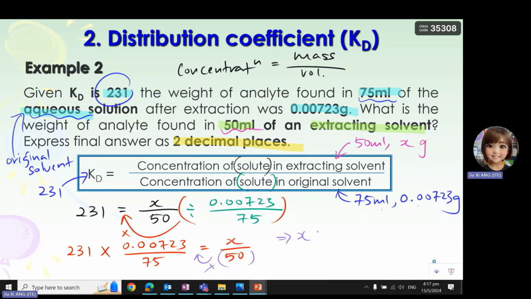You can rewrite as x is actually equals to 231 times 0.00723 over 75. Then the 50 is divided, bring over times another 50. Yeah, so keep this value in your calculator. You should get your final answer as 1.1134 gram. So they want the answer in 2 decimal places. So round off to 1.11 gram, 2 decimal places.